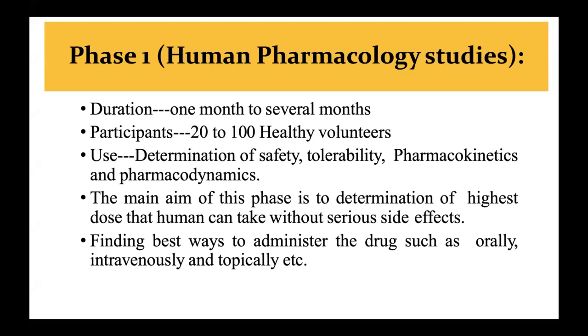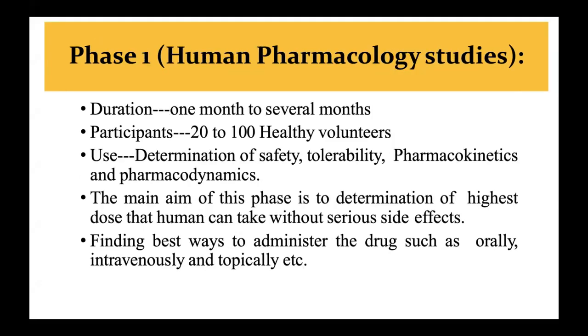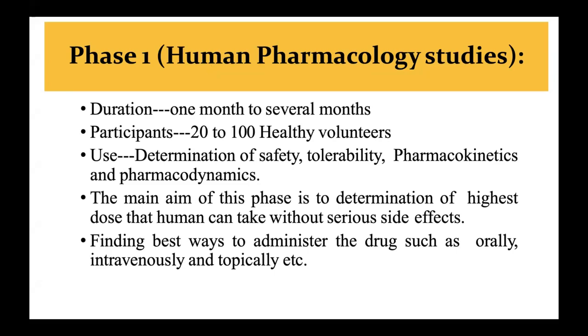In phase 1, the duration is increased to 1 month. In phase 0, it was 1 week. In phase 2, it is 1 month or maybe several months. In phase 0, the participants were 10 to 15. And in phase 1, the number of participants increases. Why do we do this?